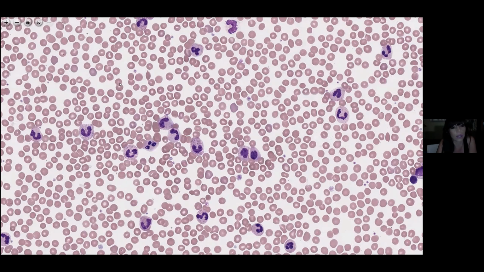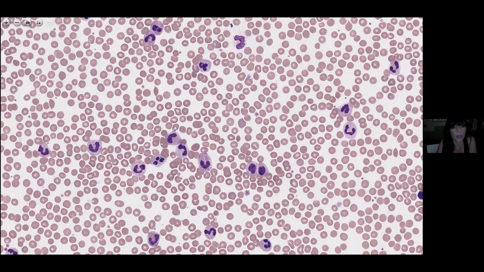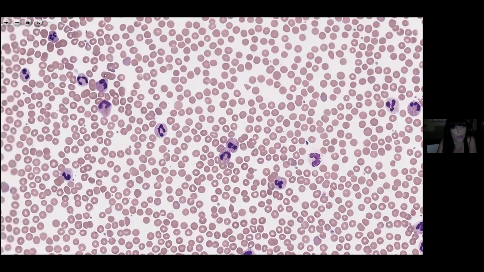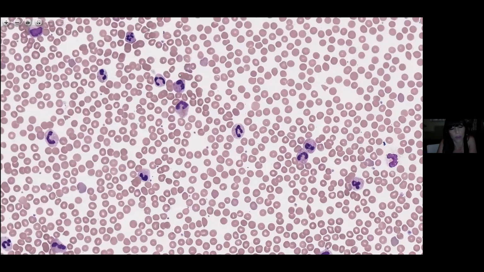It's in that panel along with BCR-ABL, JAK2, and some of the CALR genetic tests. And they can send one sample to get all of those tested.